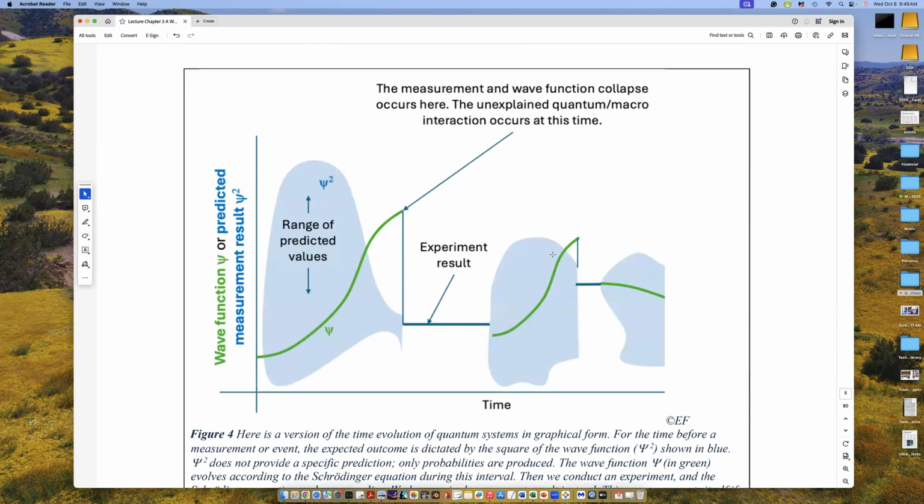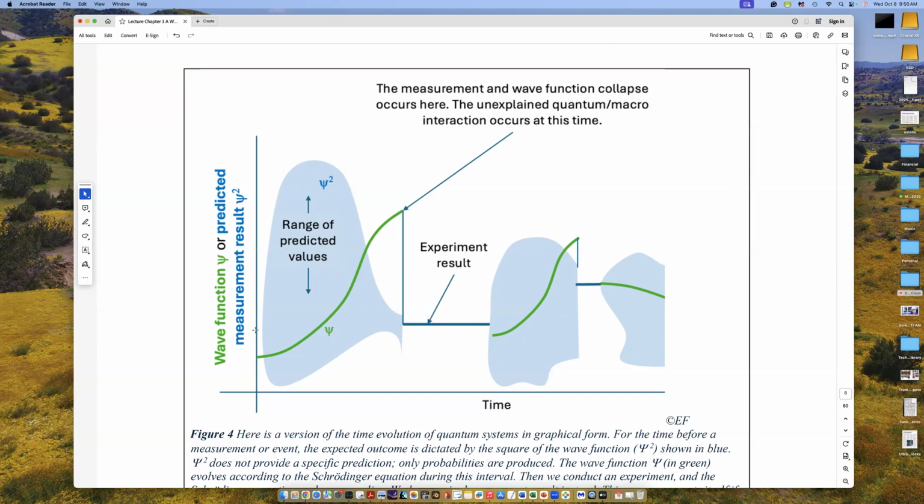Here's another way to look at this measurement problem. Here we have time, perhaps we're in a laboratory, and we're going to describe the experiment we're about to do using the Schrodinger equation, and we will get a wave function, psi, that describes the experiment. And from that, we square that, and we get a range of predicted outcomes. That's what this cloud-like thing is.